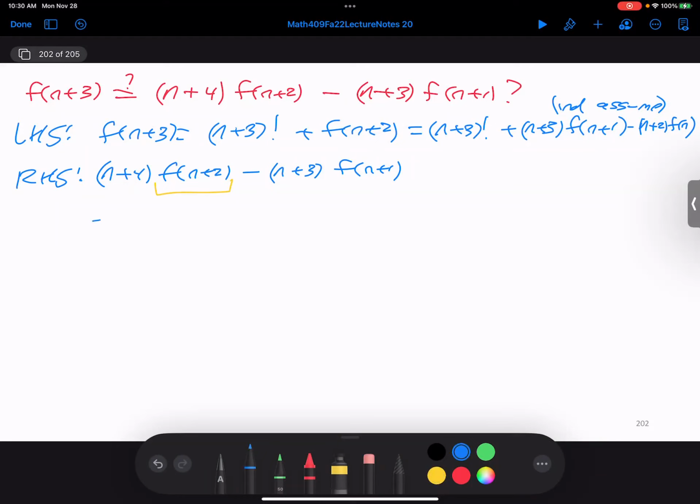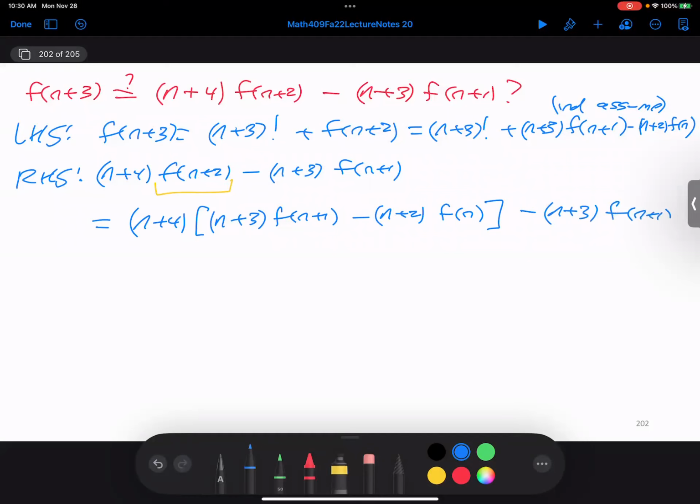So this would be the same as (n+4) times F(n+2), which would be (n+3) F(n+1) minus (n+2) Fn, minus (n+3) F(n+1), and this is the inductive assumption. All right, well, now we have an F(n+1), we have an n plus 4, n plus 3 minus an n plus 3.